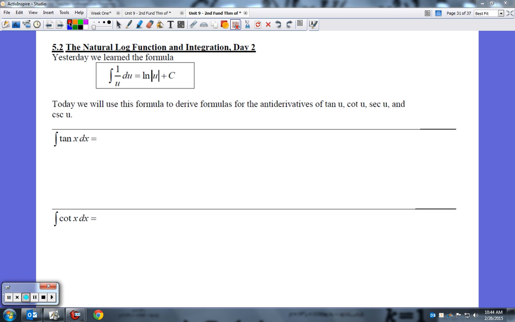The integral of tangent of x. Okay, we're gonna derive, and I don't mean differentiate, but to create, we're gonna discover the formula from what we know of u substitution. Tangent is sine of x over cosine of x. So u is cosine of x. Du is negative sine of x dx.